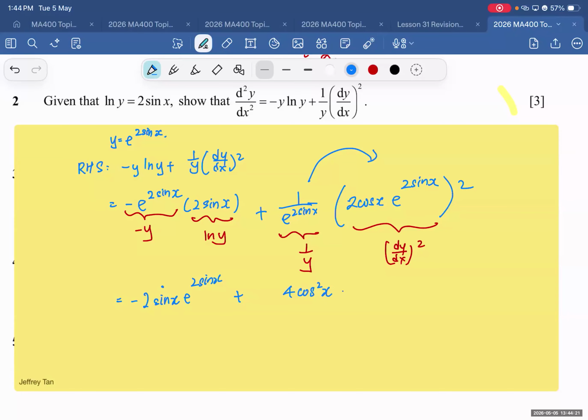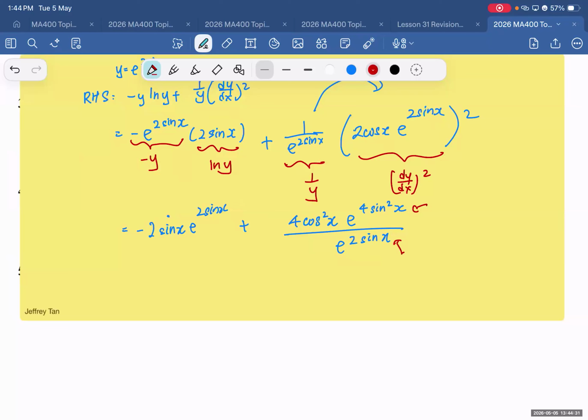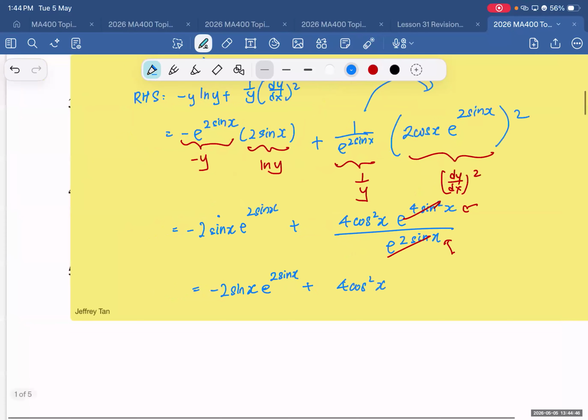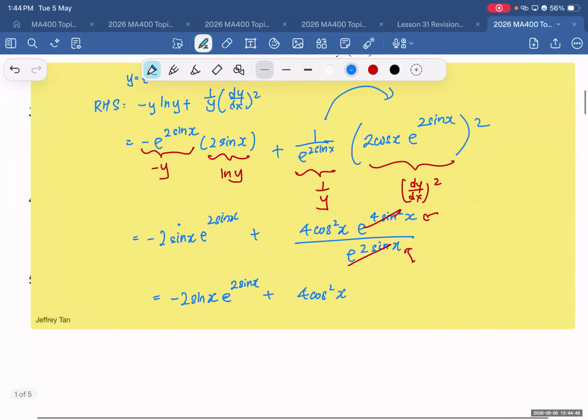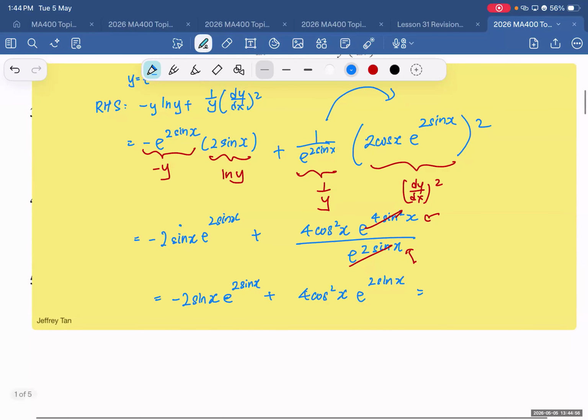Now here there's a square, e to the power of 4 sine square x over e to the power of 2 sine x. Just look at these two, they can cancel. So cancel. You have negative 2 sine x e to the power of 2 sine x plus 4 cos square x times e to the power of 2 sine x. Okay? I believe your d2y dx square looks like that.